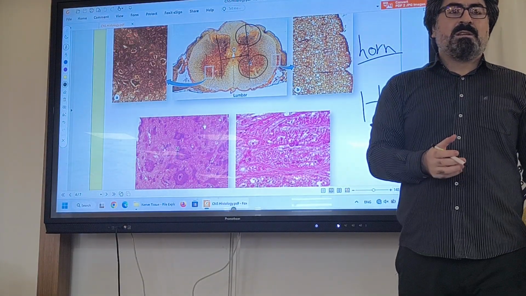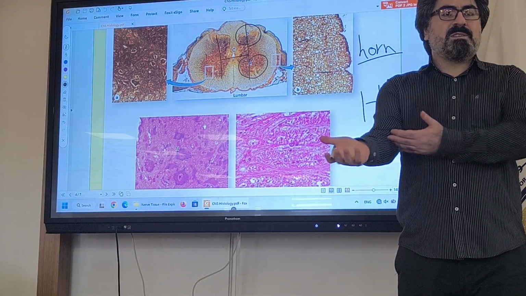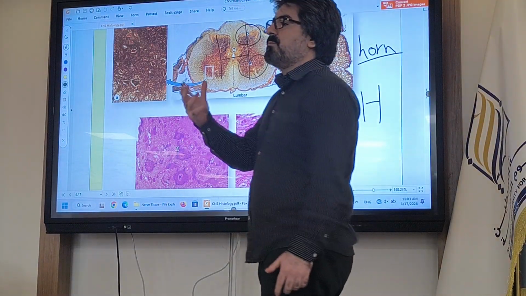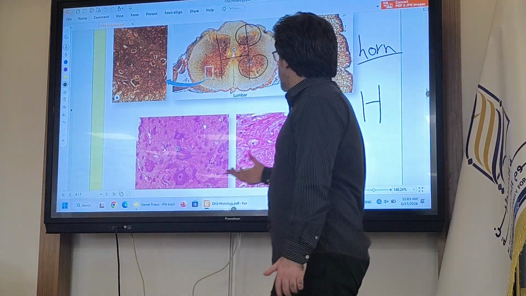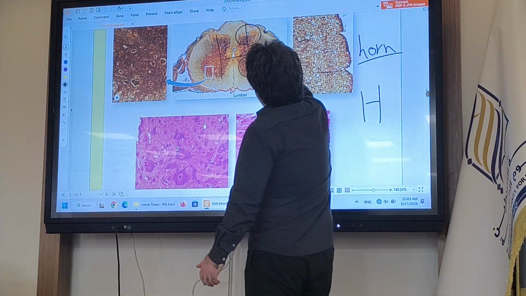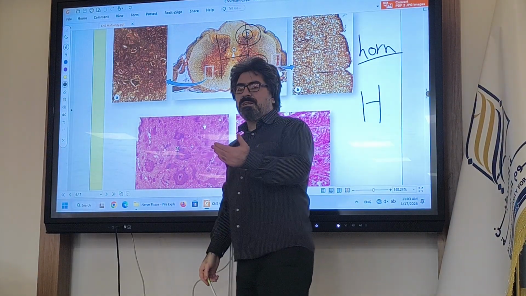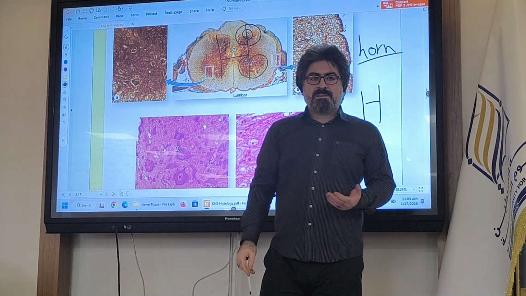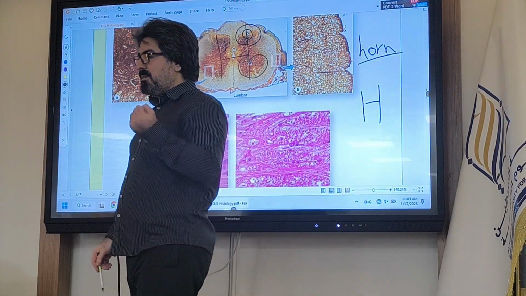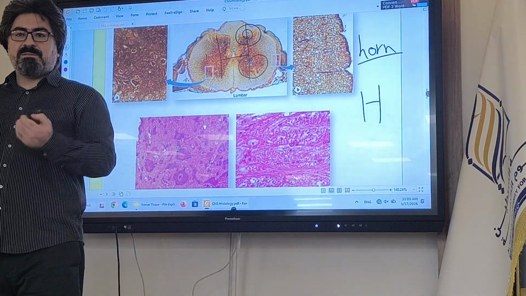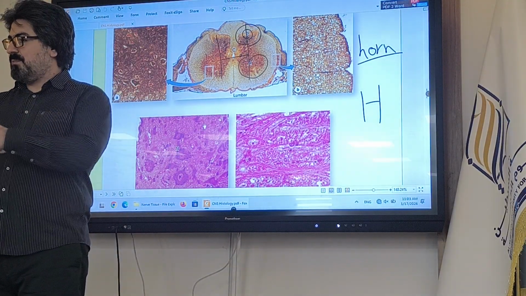Motor neurons innervate muscles, for example, muscles of the body. But the posterior horns are mainly sensory neurons or interneurons. Sensory neurons receive information, impulses from the skin, for example, temperature, touch.